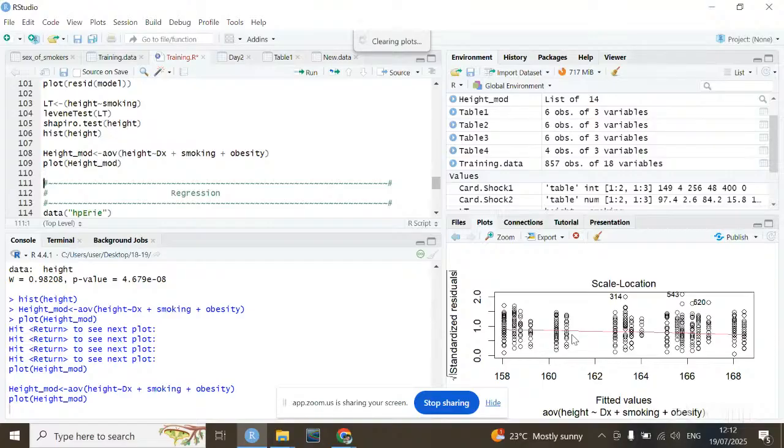Well, when we are looking at the residual plots, these points should be randomly distributed. They should not follow any specific patterns. My arrow is freezing. Give me a minute.